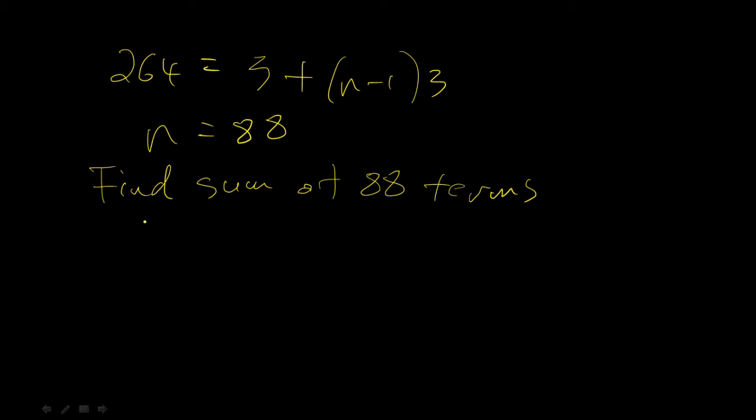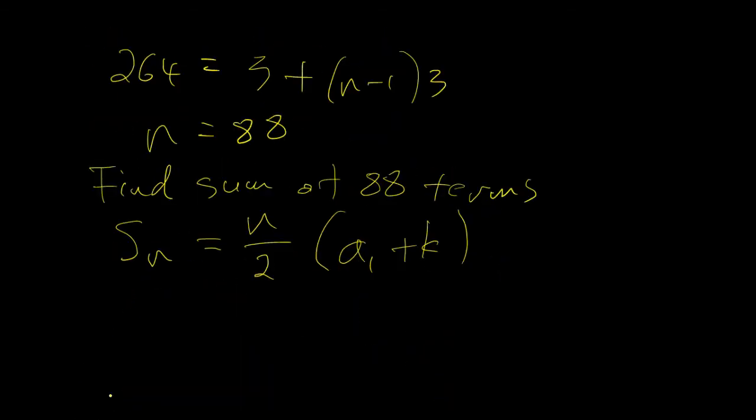Now we derived the sum of an arithmetic series as n over 2 multiplied by (a1 plus k), where k is the value of the nth term. n is equal to 88, a1, if we look at the previous page, is 3, and k is 264, which is also an input from the examiner.